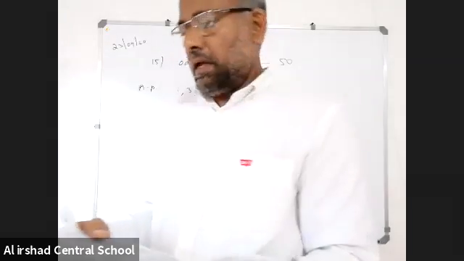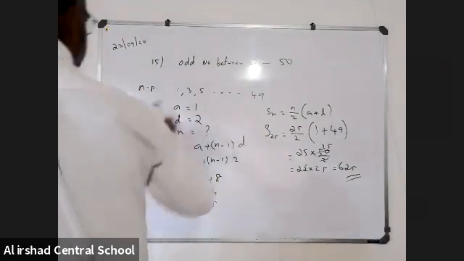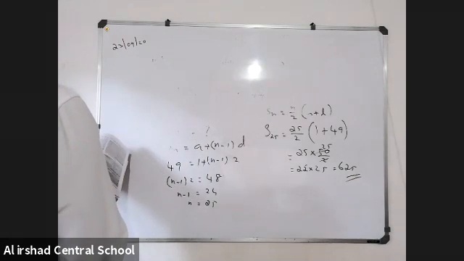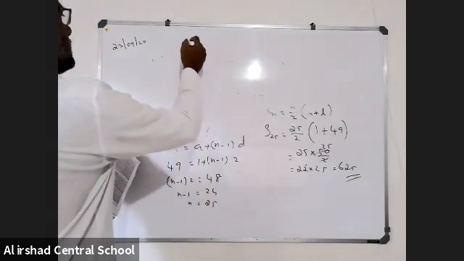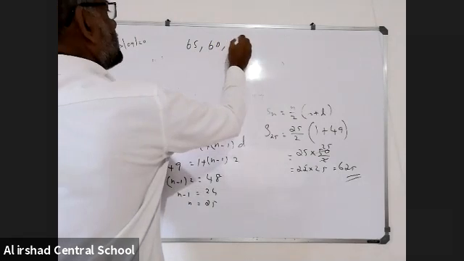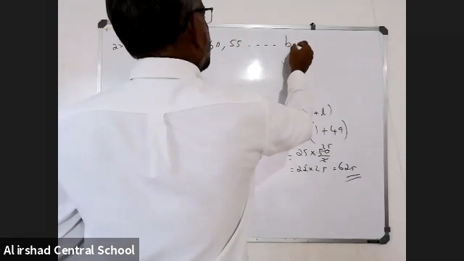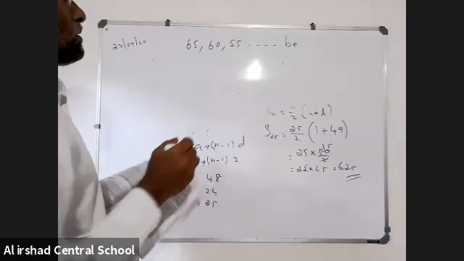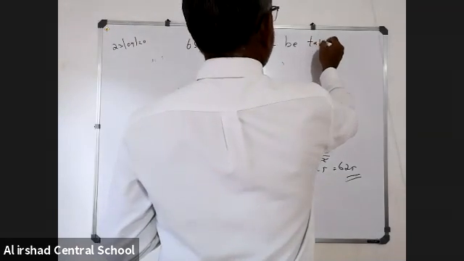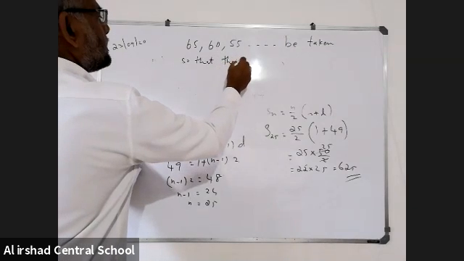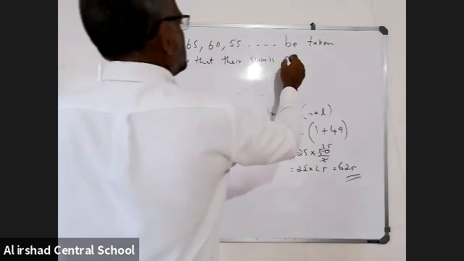How many terms of the AP 65, 60, 55 must be taken so that their sum is 0?